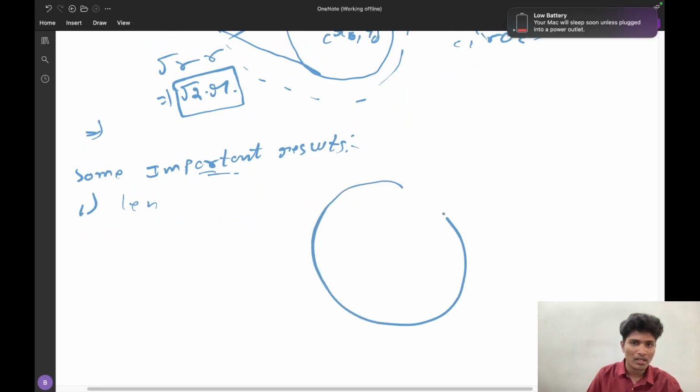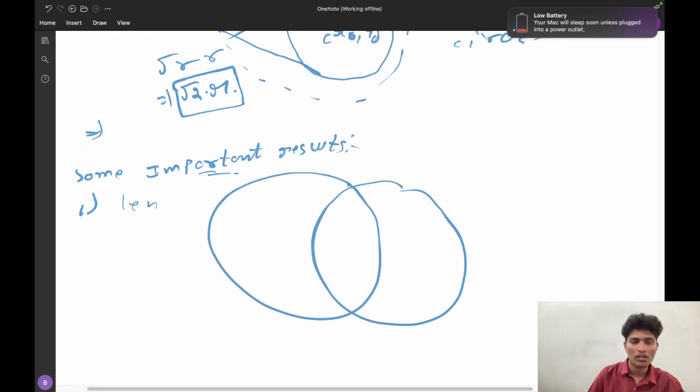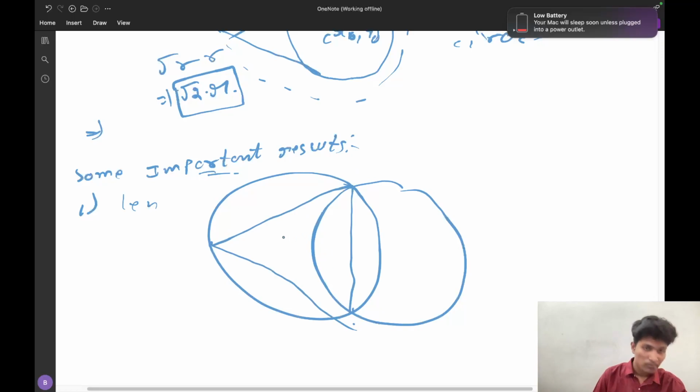Suppose this is a circle, and from an outside point the tangent length is L equal to root S1.